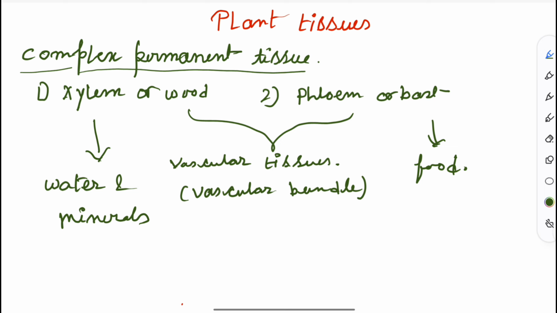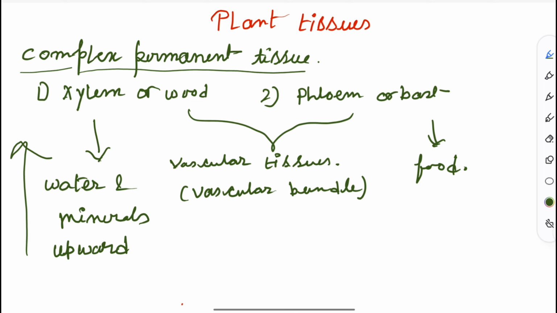So from the root, the water is carried throughout the plant. It means the xylem's movement is always upward, because the plant takes the water from the root only, and the root is downwards.